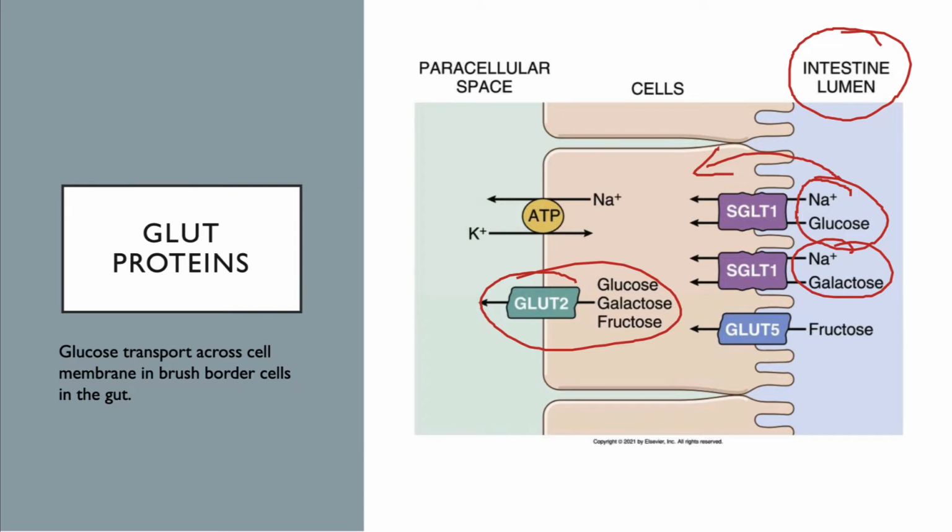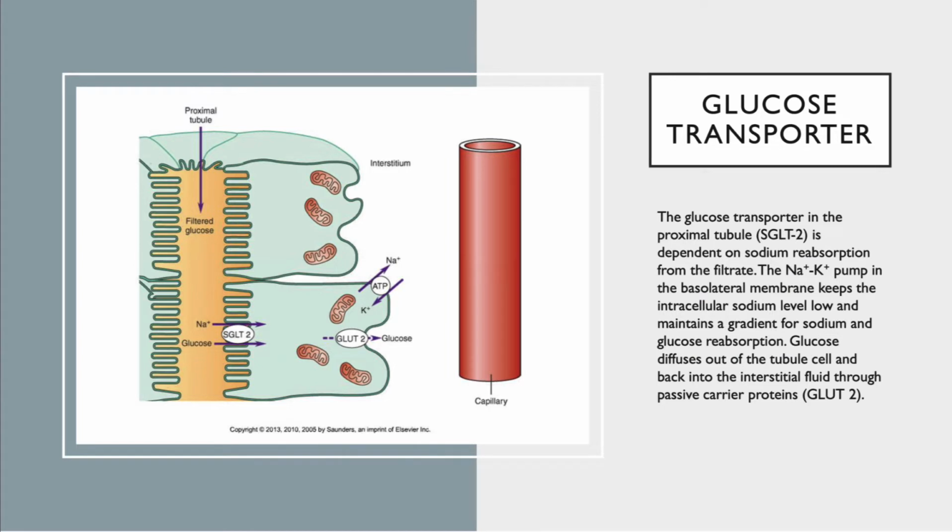So again, back to the SGLT2, this happens in the kidneys. So here we have the proximal tubule, and you remember that in the distal convoluted tubule, all of these substances move in and out. In the loop of Henle, a couple of substances move in and out, principally sodium and water. But in the proximal tubule, this is where essentially the plasma, minus the big proteins, goes from the glomerulus to be distributed in the kidney.